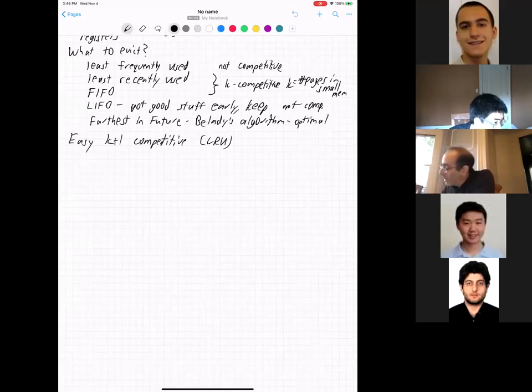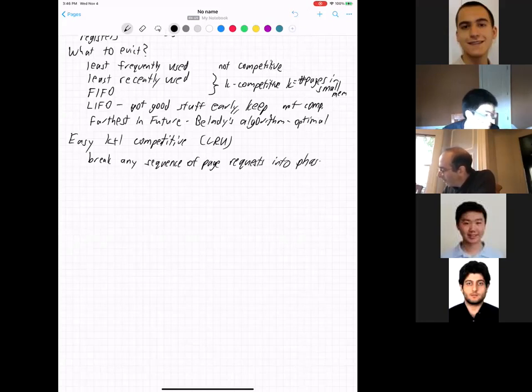Okay. So suppose that I break any sequence of page requests into so-called phases, where a phase ends when there's a K plus first new page request in the phase.